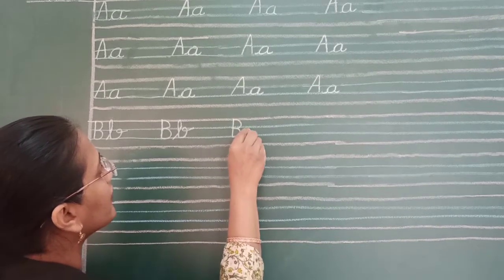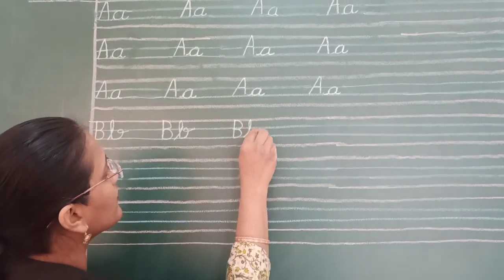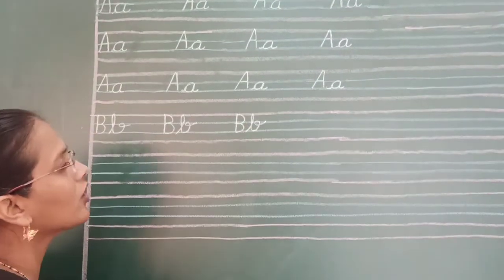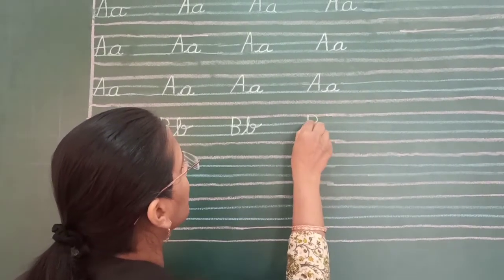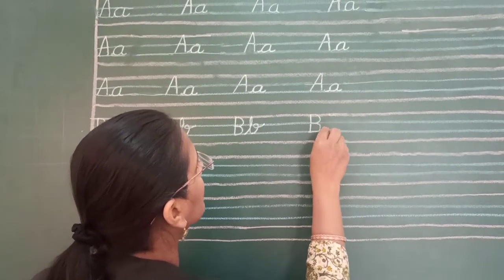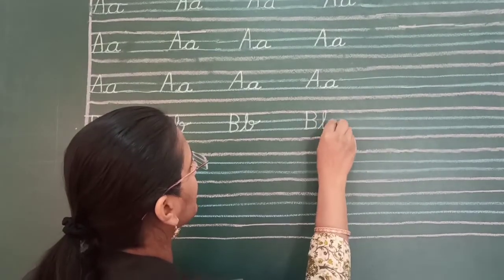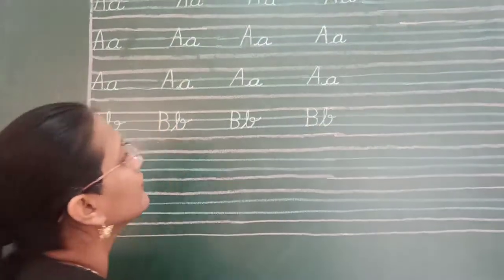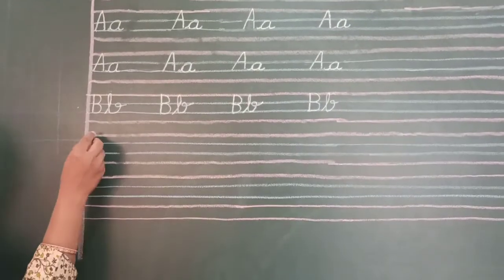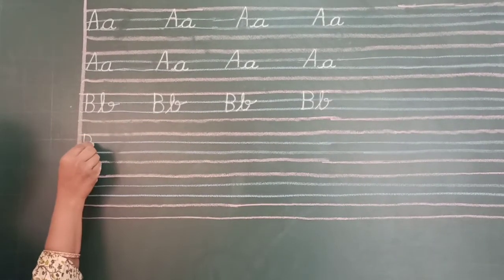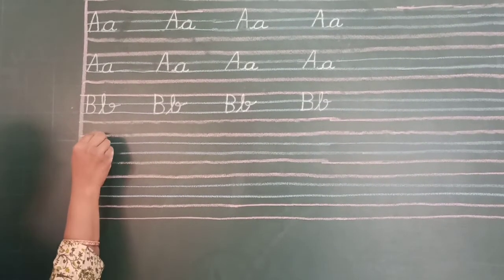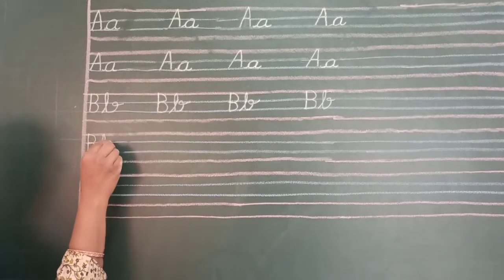Now onwards we will write cursive ABCD. So this is your small alphabet b. B for ball, B for bat, B for what else? Come on, tell me. Okay, one more time we will write B. B for butterfly. So this is your cursive B like this.